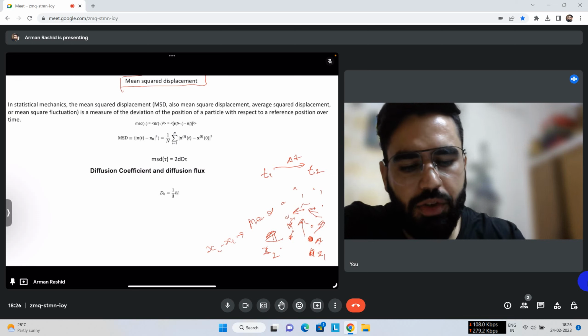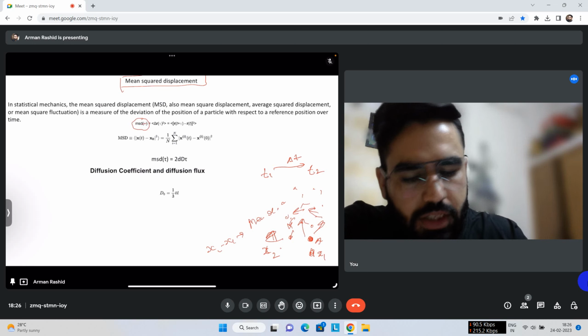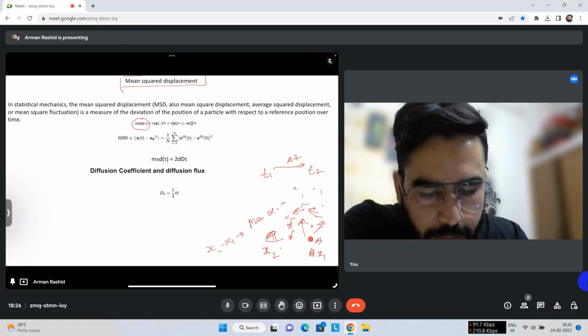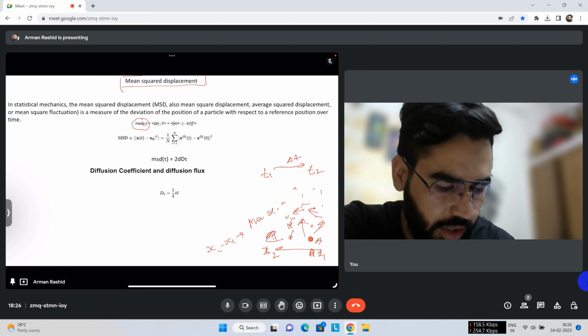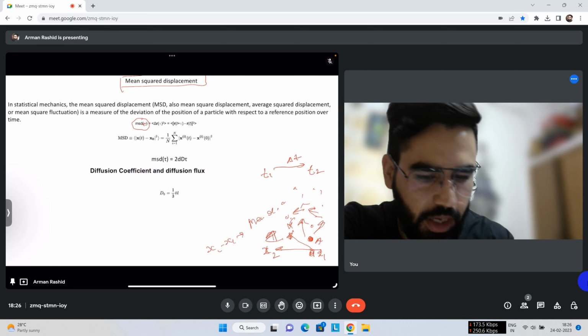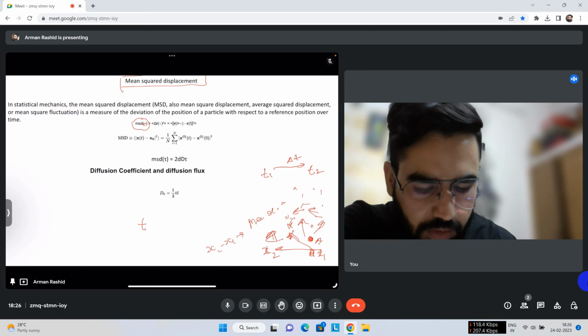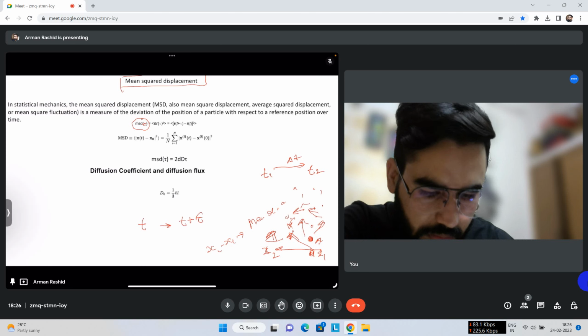Okay, so as I have shown here, the mean square displacement, which is a function of time, we can take as the mean of r, the total displacement. We can define it in terms of the position of the particle at time t and the position of the particle at time t plus tau.